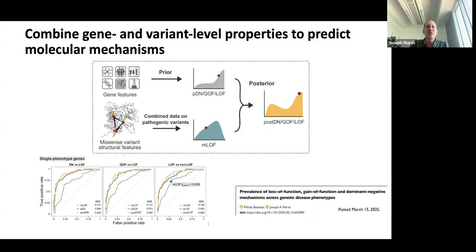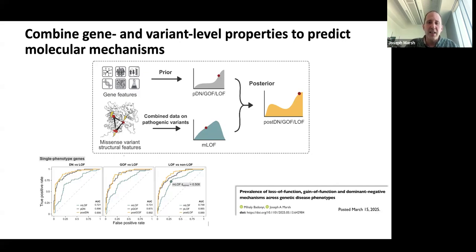So what we've done is put together everything that we found from all these structural analyses, searching for gene level properties and variant level properties, to come up with a way of predicting molecular mechanisms. This is an approach that we released a couple of months ago. The paper's out on bioRxiv now, and we've had a pretty positive first round of review.